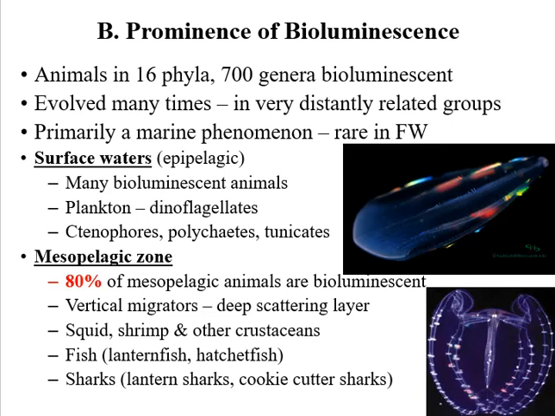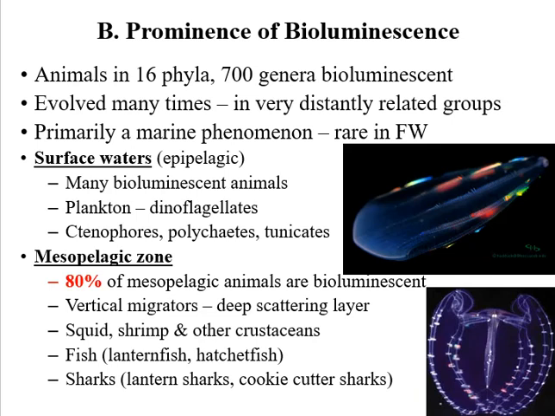So a lot of these species, look at the 80% of mesopelagic organisms, invertebrates and vertebrates both, are bioluminescent. And then I mentioned these lanternfish. Gigantic numbers of lanternfish, these fish that have photophores, like little flashlights in their body that light up, and they're used for, well, we'll talk about what they're used for.